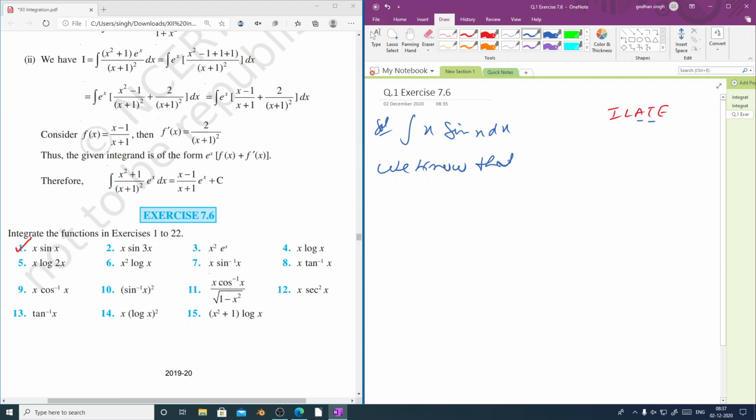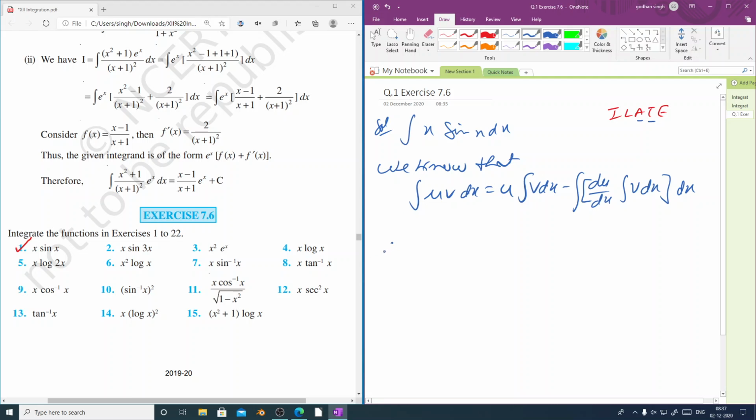We know that integration of u v dx equals u into integration of v dx minus integration of du by dx multiplied by the integration of v dx, and we have this all integrated with respect to x, so we'll write here dx.